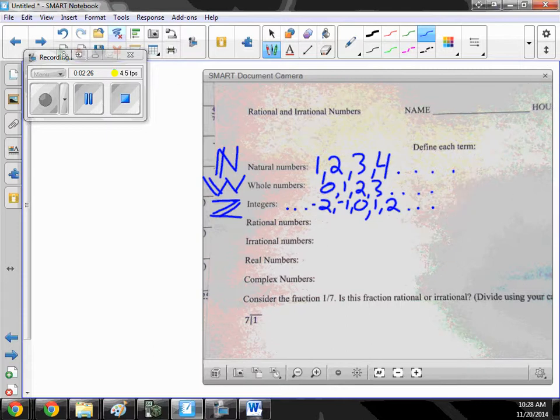Okay? Now, it's important to note, which number set does 4 belong to? All 3, right? Well, if you are in set N, you're automatically in set W, and you're automatically in set Z. If I told you that a number was a whole number, can you guarantee that it's a natural number?